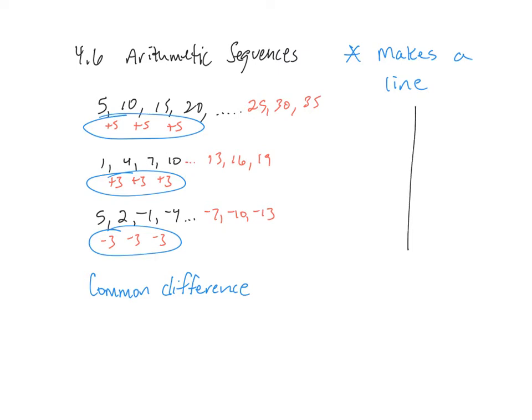Okay, so wherever the points are on the graph, it doesn't matter if it's a positive slope or negative slope or anything like that. But wherever the points are on the graph, if you can connect the dots in a straight line, then you say yes. Otherwise, it's a no.